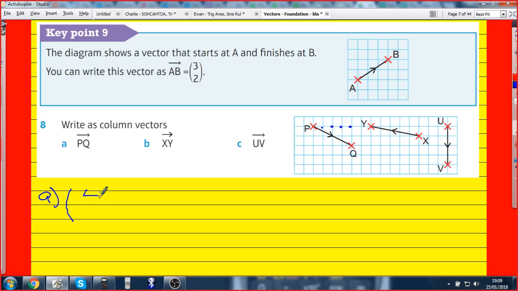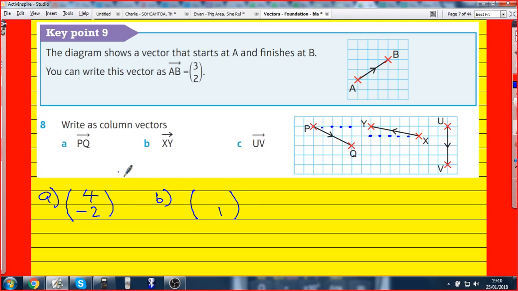So 4, -2. It's 2. X, Y. One, 2, 3, 4, 5. 5, 1. So that's 1.